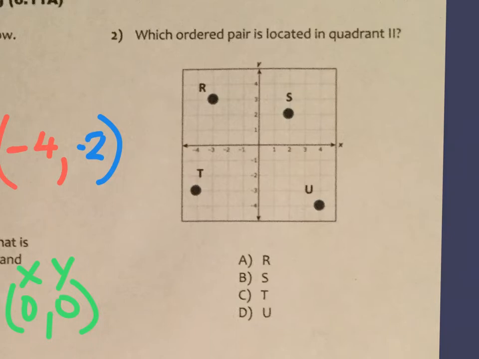Whenever you're given a coordinate plane, draw the letter C. C for coordinate. When you draw the letter C, you'll remember that where you begin the letter C, that's quadrant 1.